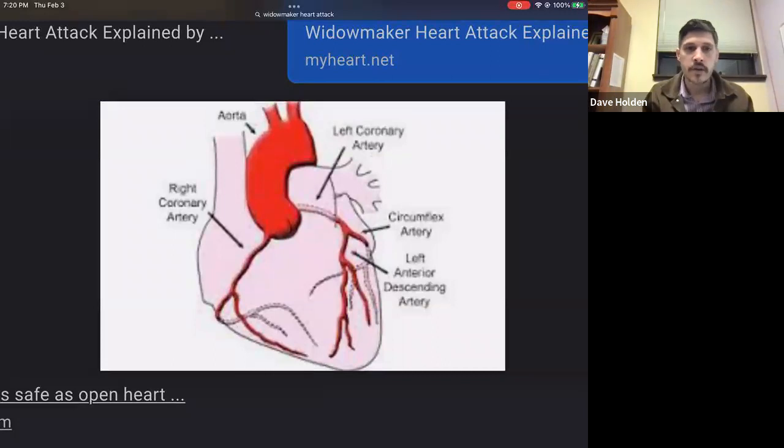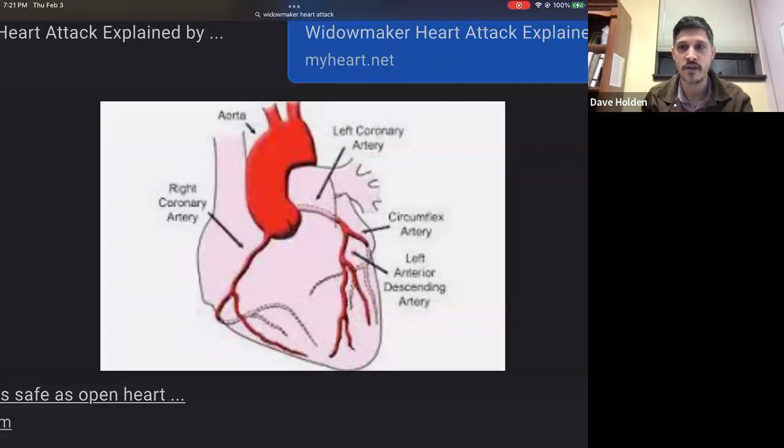So notice at the top left, you see that left coronary artery coming right out of the aorta. That is where the heart gets its blood. And it followed around, it branches off. You see the circumflex artery. It keeps going, left anterior descending artery. So just to put some context on that particular artery, look what chamber it is sitting on top of.